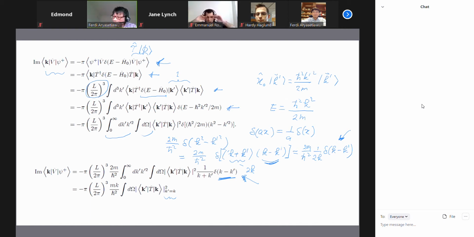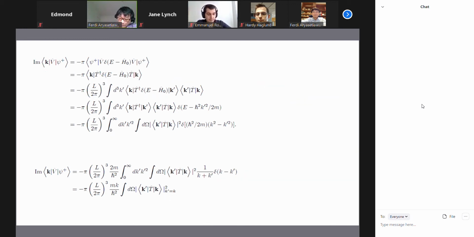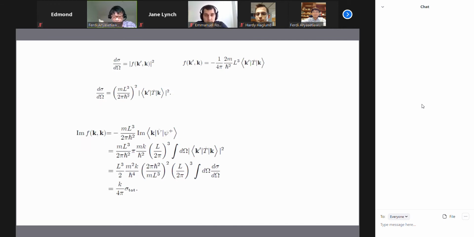If we go further and look at the differential scattering cross-section, it is given by the square of the scattering amplitude, and the scattering amplitude is given by these matrix elements.